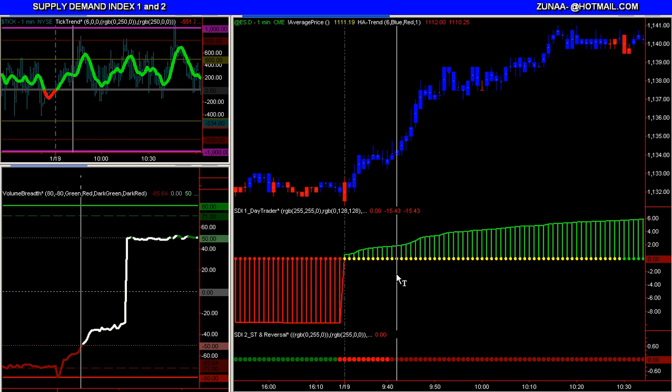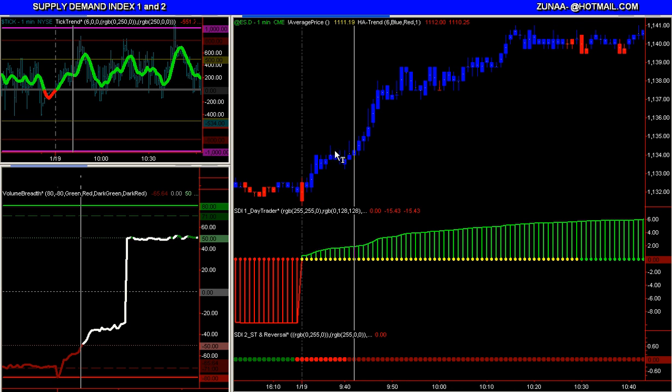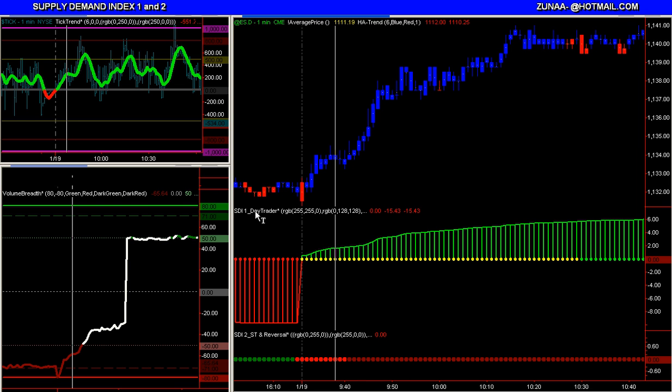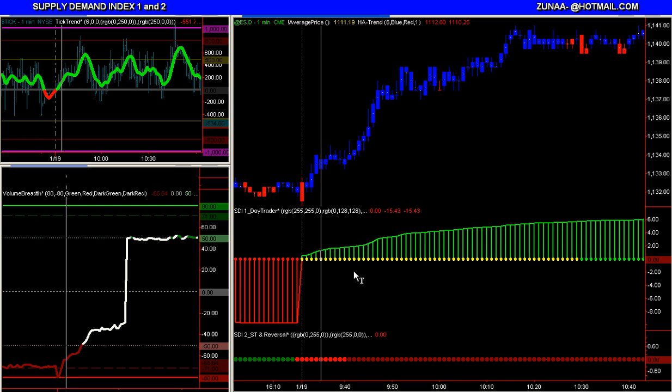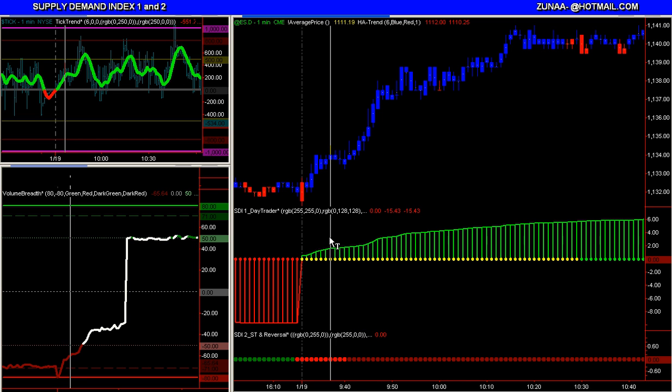The nice thing is that we wouldn't just short here because our indicator isn't showing it. SD1 saved us, okay? And that's the nice thing about combining these two, because I've tried to plan for all contingencies, because the markets can be pretty brutal.